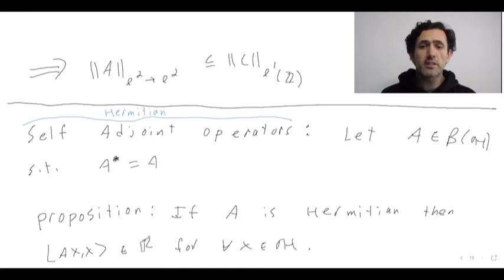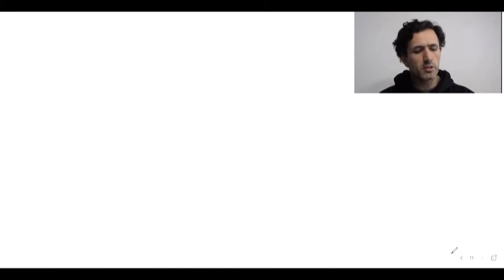If <Ax,x> is real for any x in H, then A is Hermitian. The converse is false if we're dealing with a Hilbert space over the real numbers.